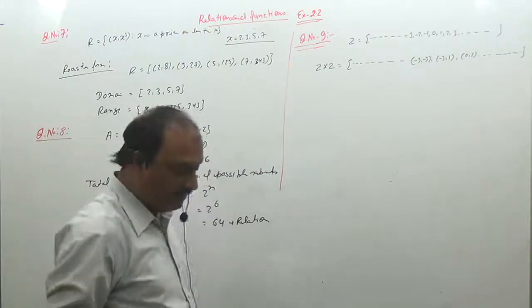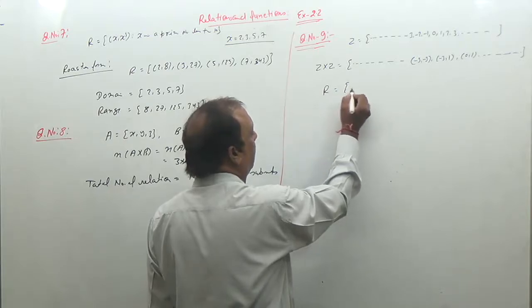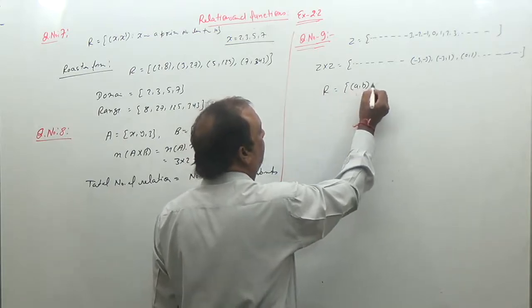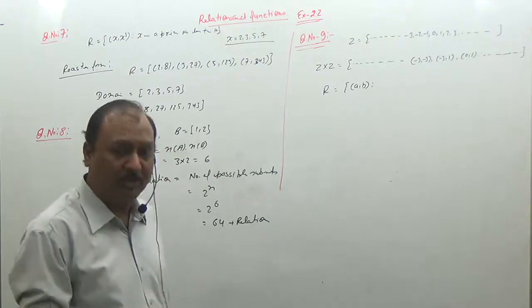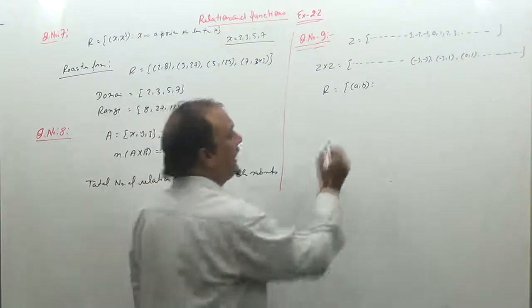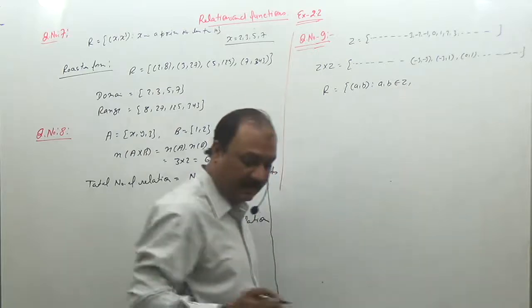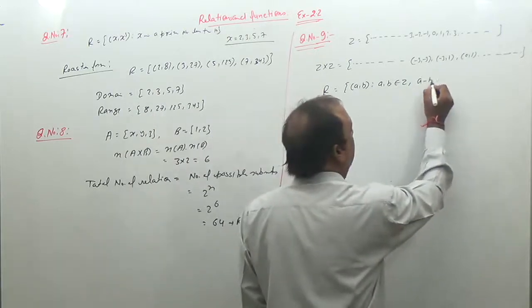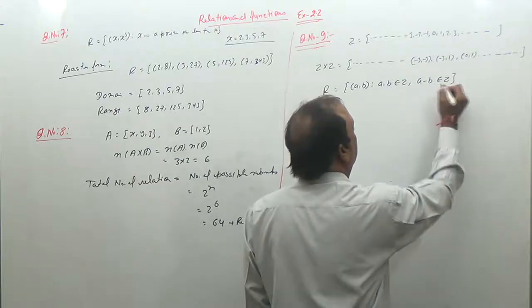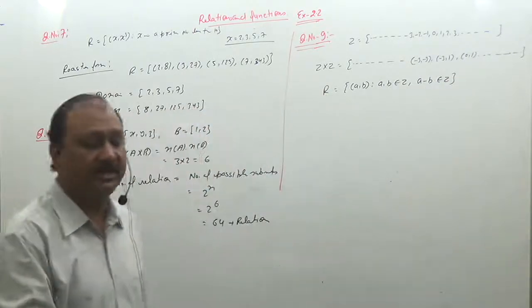So we select some ordered pairs to form a relation which follows the given condition: we select all ordered pairs of the form (a, b), where a and b are integers and a minus b is an integer. Then find the domain and the range.